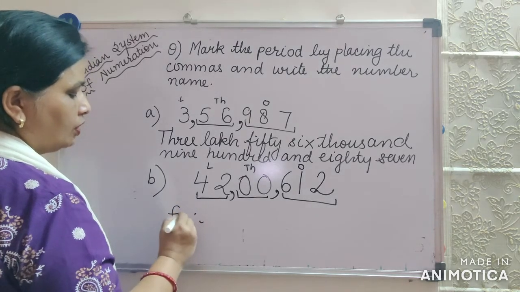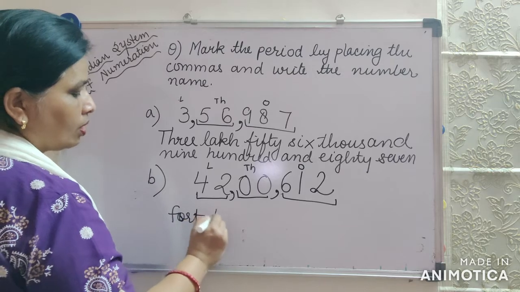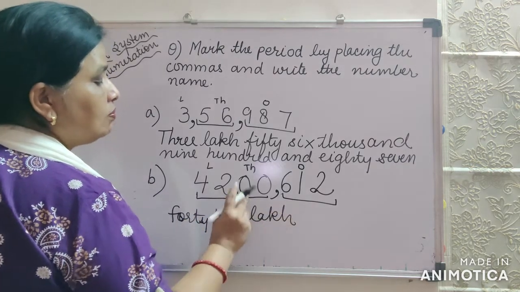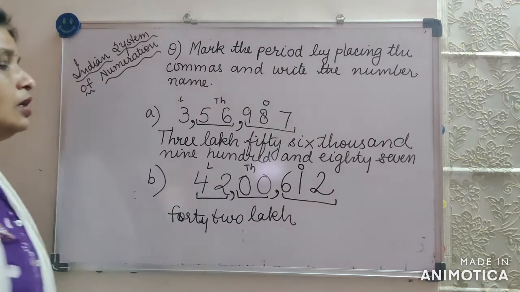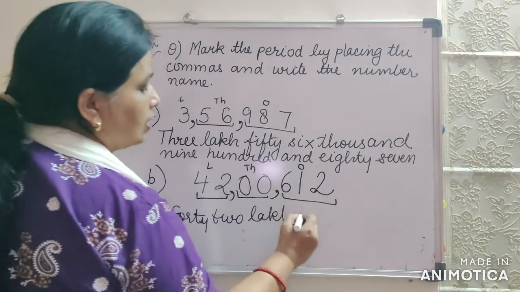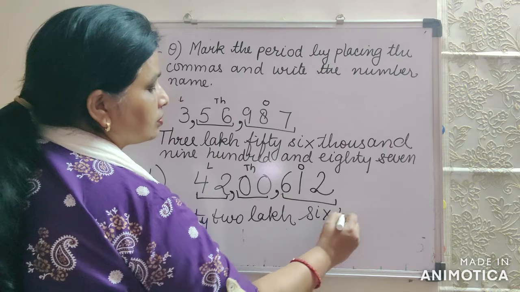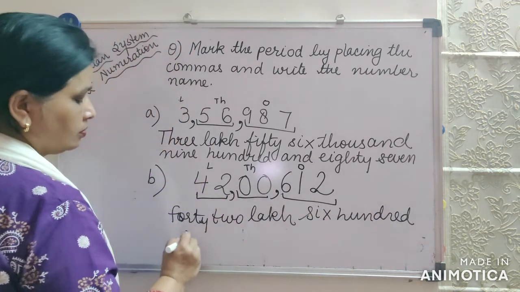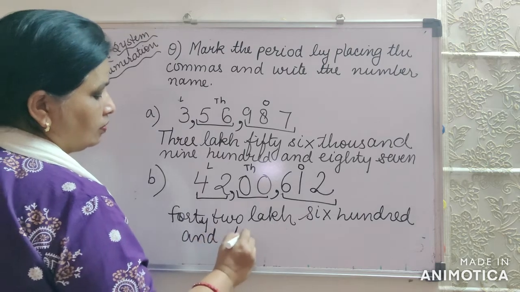It will be 42 lakh. In the thousand place, you see no number is there, so you will skip it and write down 600 and 12.